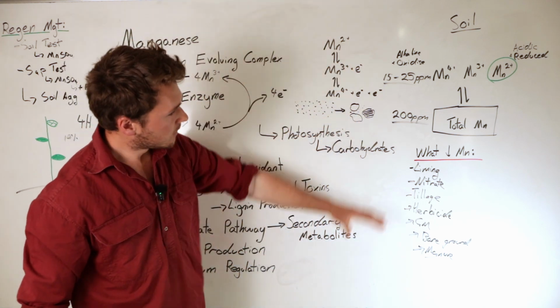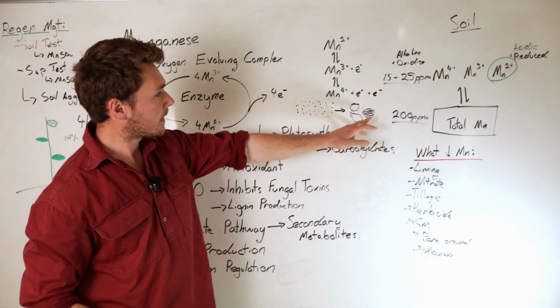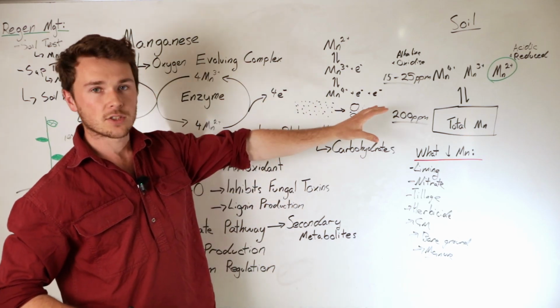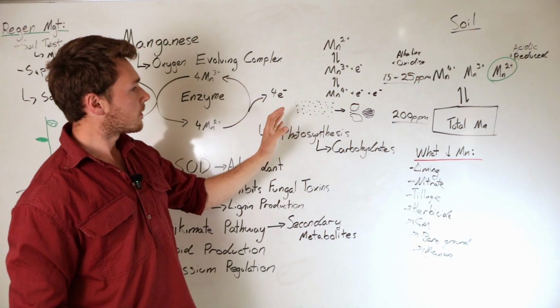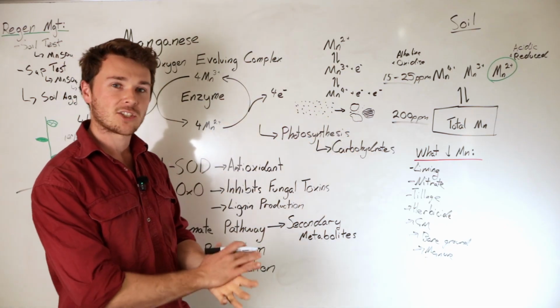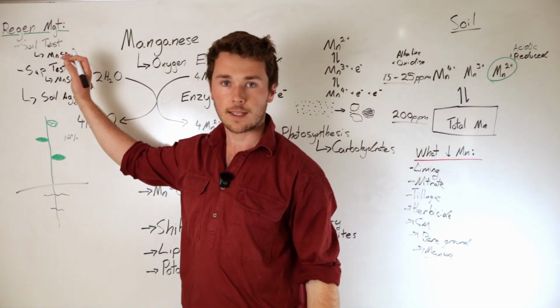Our roots can explore deep into the soil profile for water and more nutrients, but also go into these aggregates for the correct oxidation stage of our minerals. So that is a big component of managing our soil in a regenerative way. What that means is we need to do things that increase aggregation.